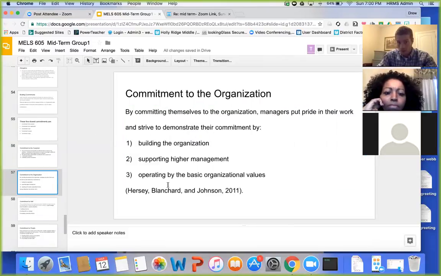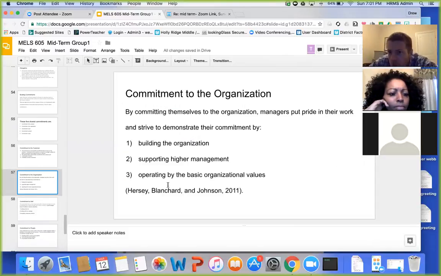Commitment to the organization. When we look at commitment to the organization, this is where we have the manager's commitment by building the organization, supporting higher management, and operating by basic organizational values. But when we talk about building the organization, we talk about means of presenting the organization in a positive way.